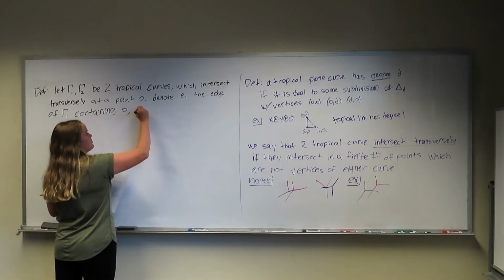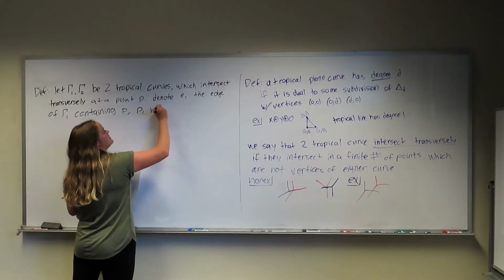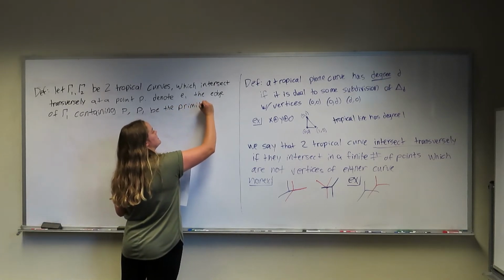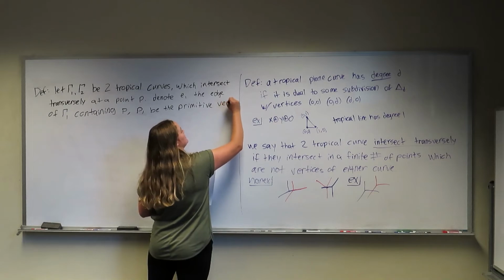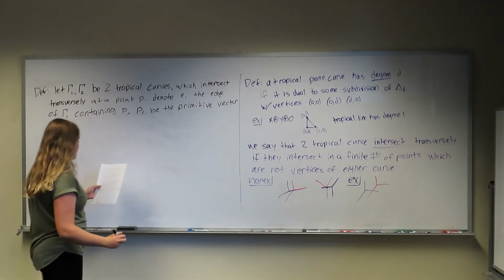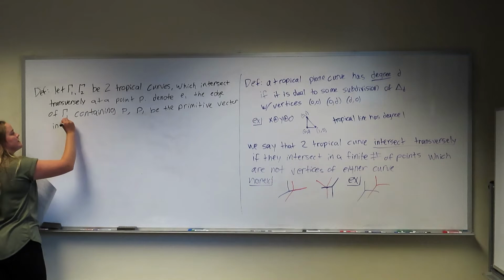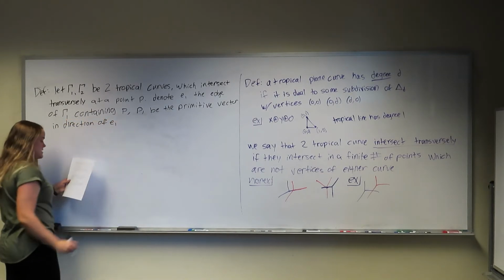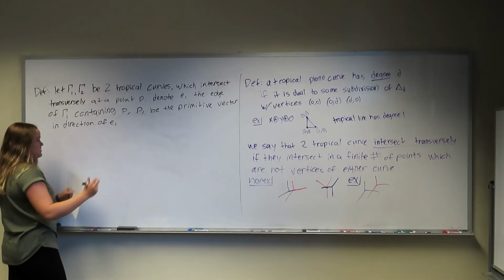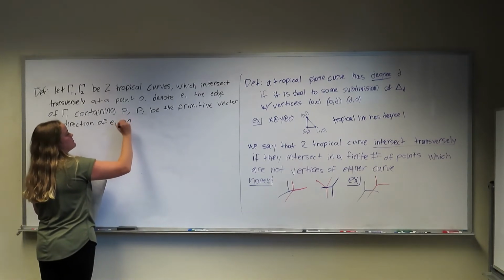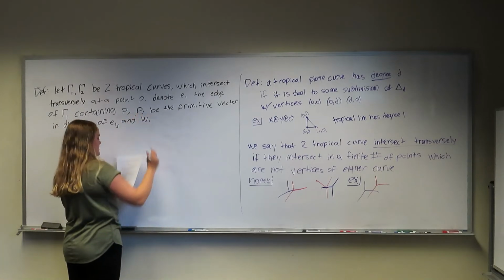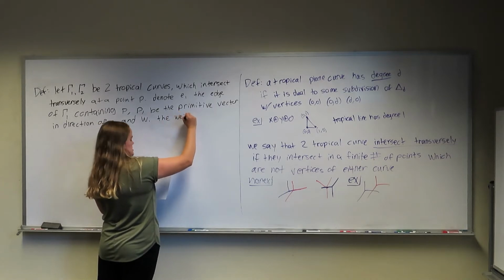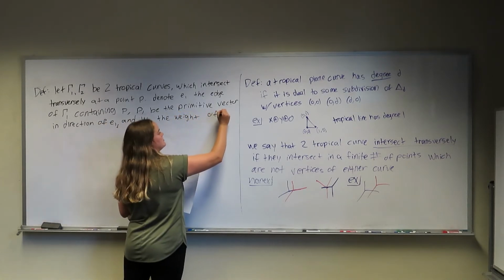We're going to let P1 be the primitive vector in the direction of E1, and W1 the weight of E1.